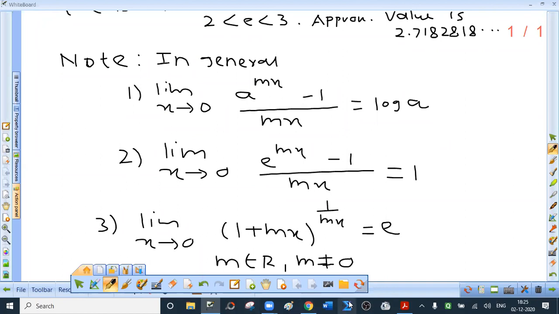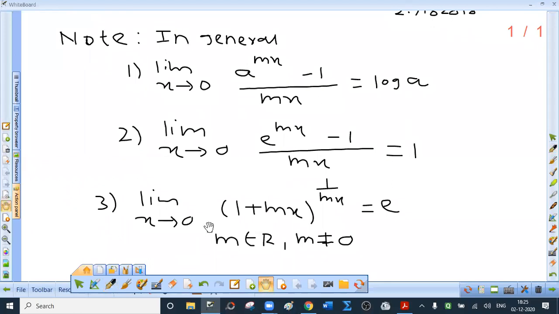Try down. Third result. Limit x tends to 0, (1 plus mx) raised to 1 upon mx equals e, where m is a real number not equal to 0. Okay.